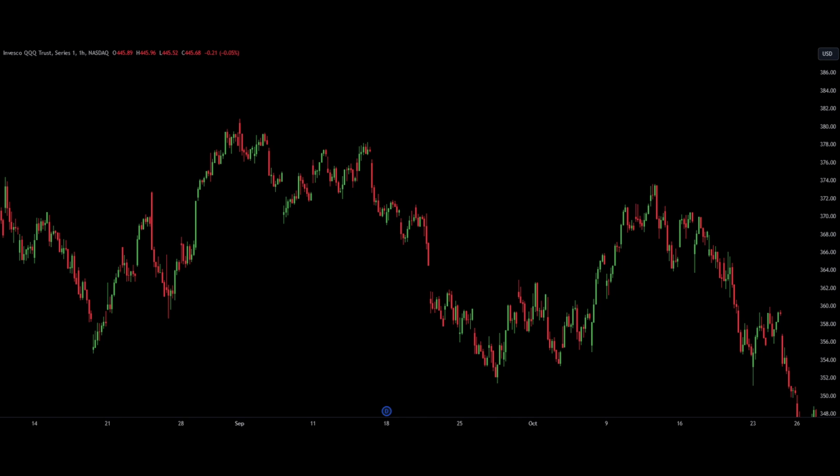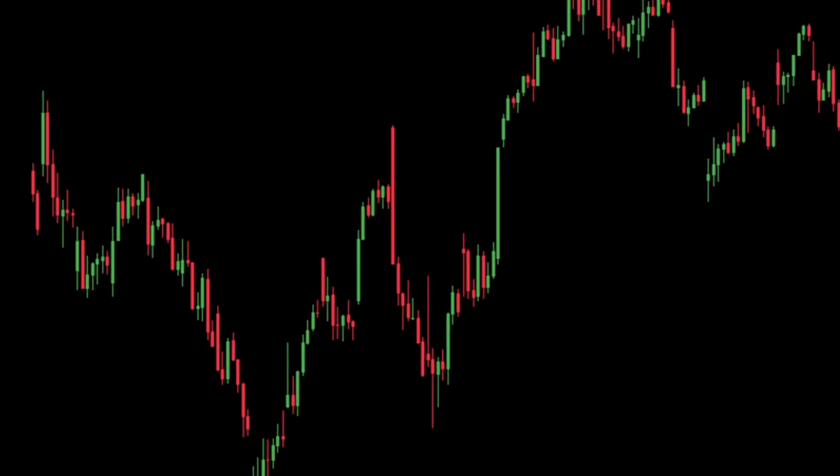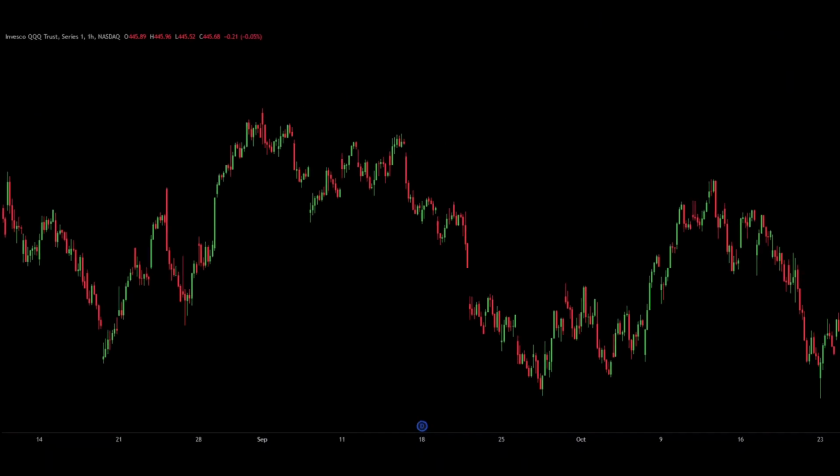So as you can see, I have another chart pulled up over here, and you can see as the price goes up, it breaks the recent resistance and goes up. It doesn't react to the resistance. So this would be a prime example why you shouldn't just use support and resistance in trading, but other factors as well.